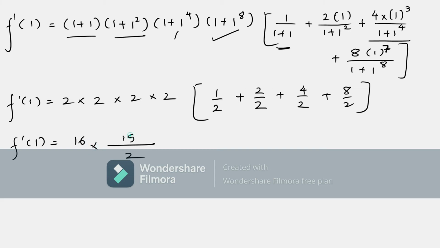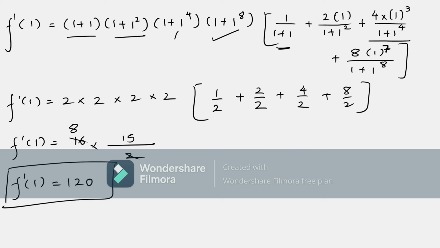So it's 15 by 2 times 8, and 15 8s are 120.